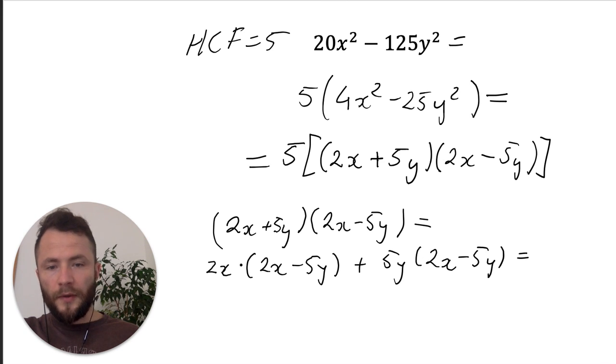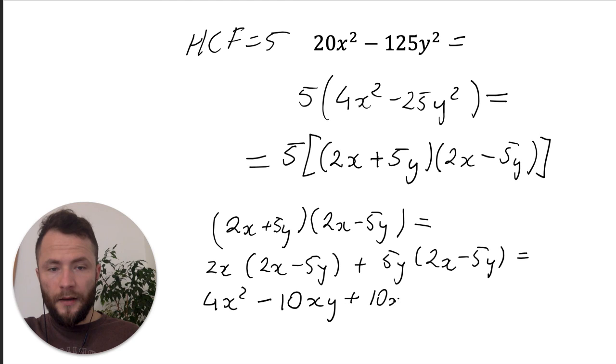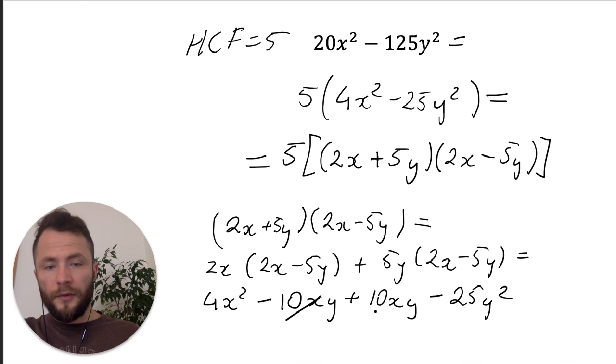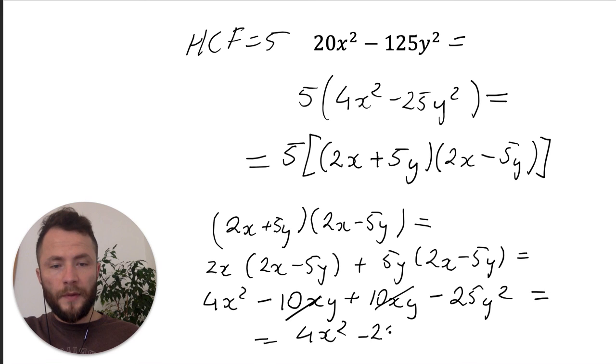If you multiply all the terms, I end up with 4x squared minus 10xy plus 10xy minus 25y squared. These two terms cancel, and I end up with 4x squared minus 25y squared, which is my difference of the squares expression from the inside of this bracket.